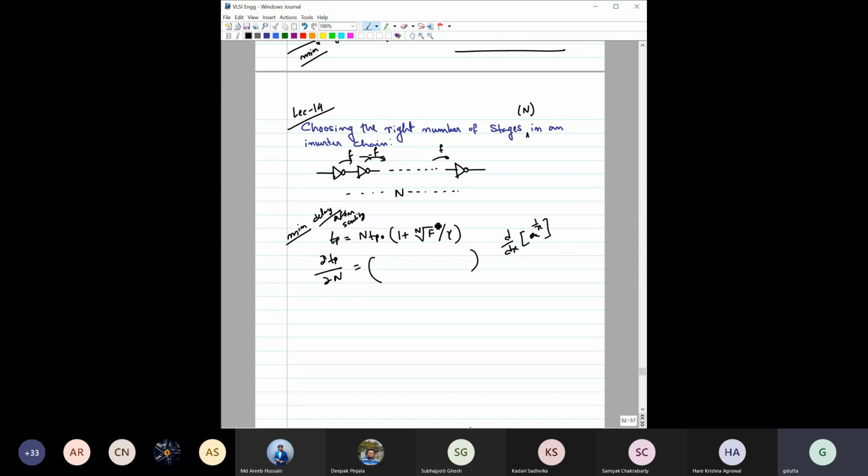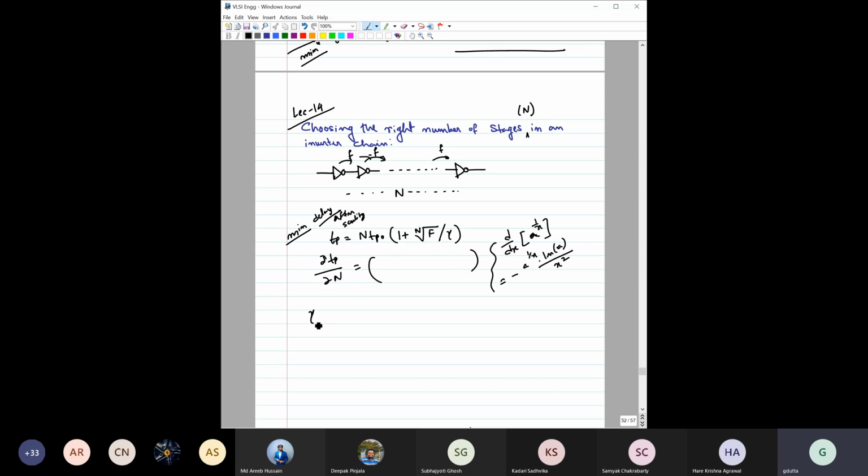Because this is f to the power 1 by n, right? So what is the derivative of this? Okay, this is basically a to the power 1 by x, ln of a by x square, right? So just use this one here and you will get the expression.